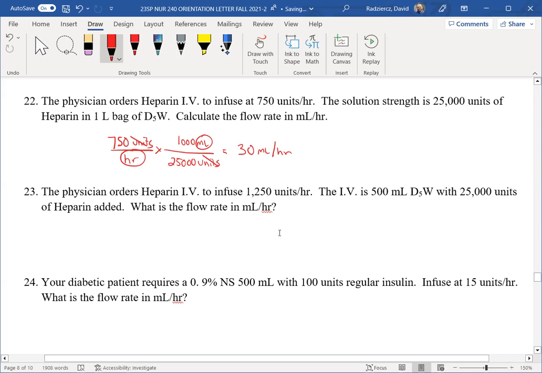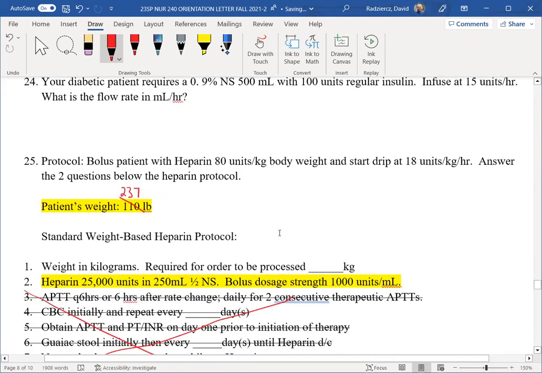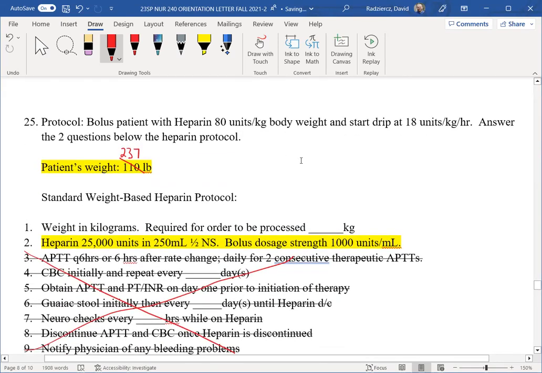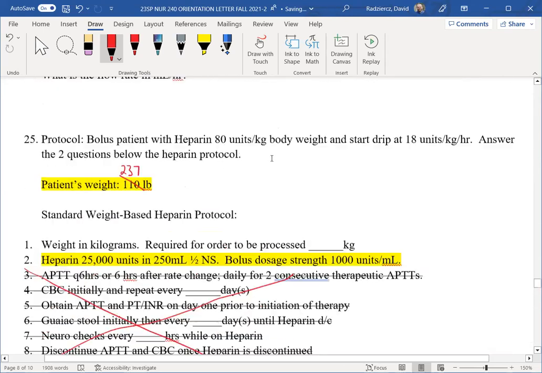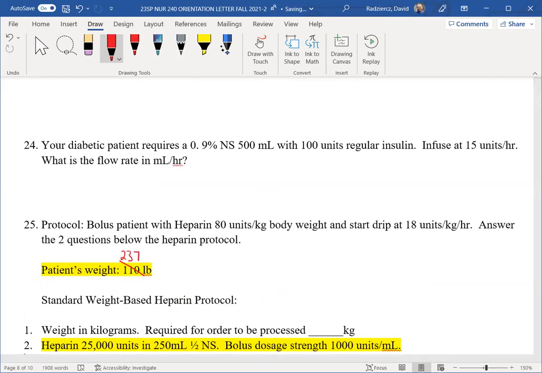Now at Allegheny campus, they're going to get this monstrosity of a heparin protocol, but I'm going to show you what you'll likely see. And again, this is in the 230 review. So if you go to the OneDrive folder, go to the Boyce folder, go to 230, and you'll see it'll say Dosage Calc Study Guide.